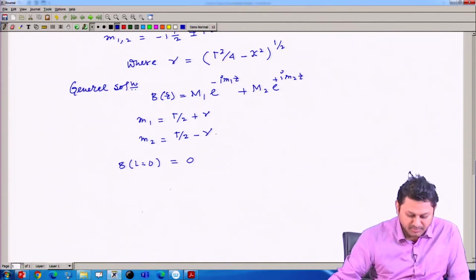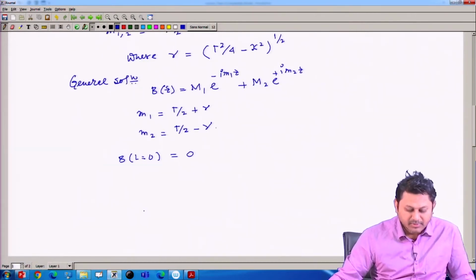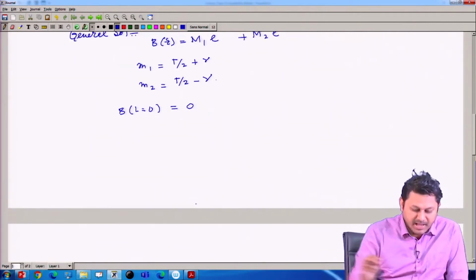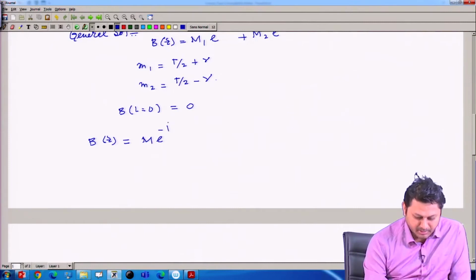So, if I use this boundary condition, because at the end of the grating this quantity is 0, and do the calculation, I will simply have B of z. The calculation is straightforward and I have already done this calculation earlier, so I am not repeating it. It will be some constant m times e to the power of minus i gamma z by 2.